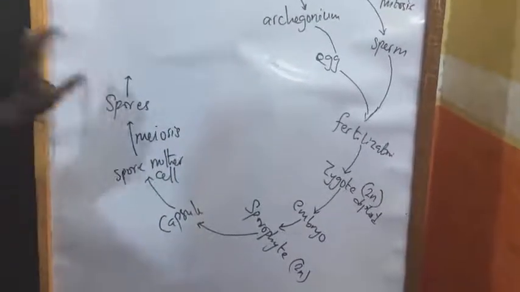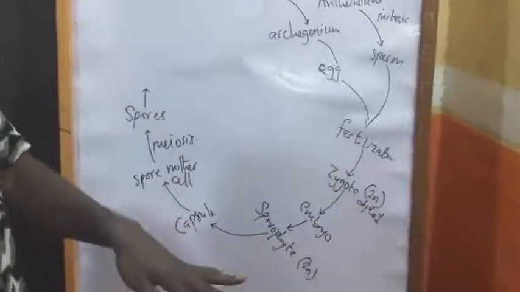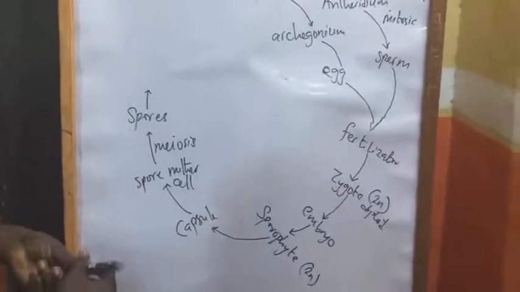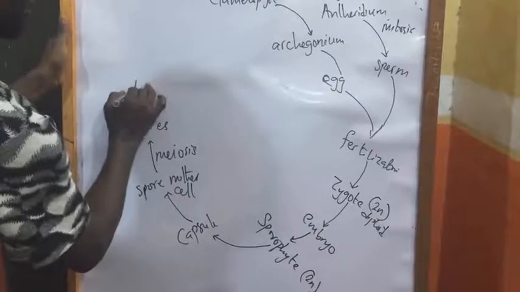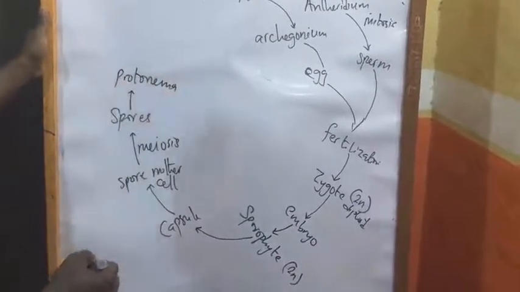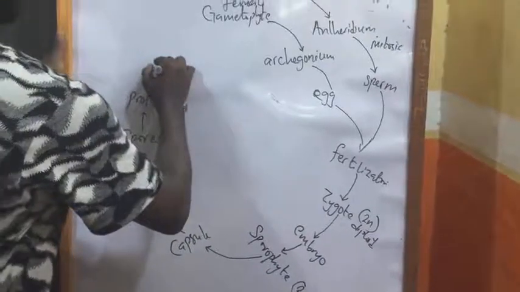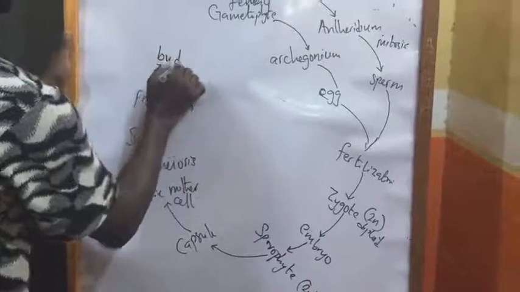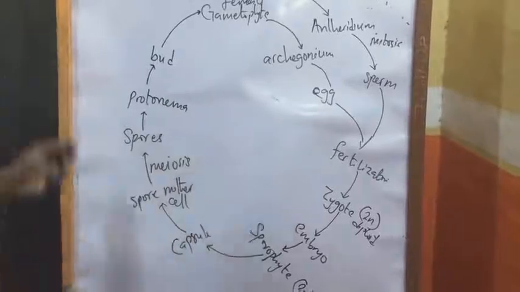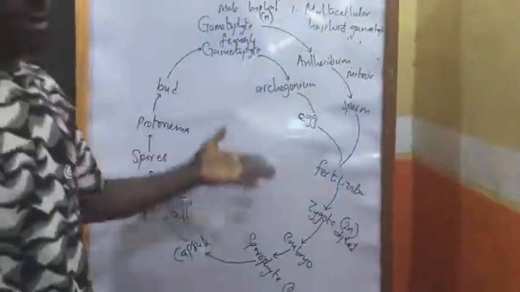So once the spores land on a fertile, suitable land, it produces what is called protonema. The protonema then becomes the bud. The bud then grows to become gametophyte again. So this is what is called the life cycle of a bryophyte.